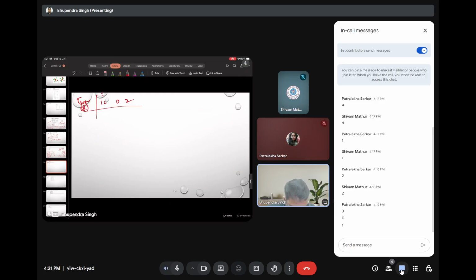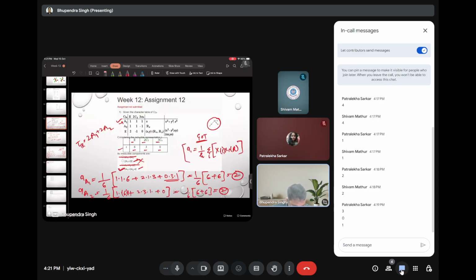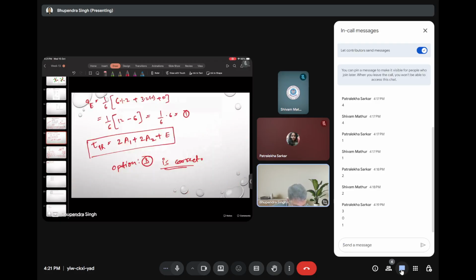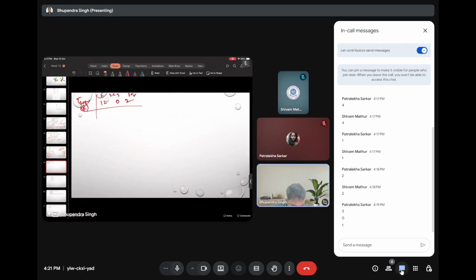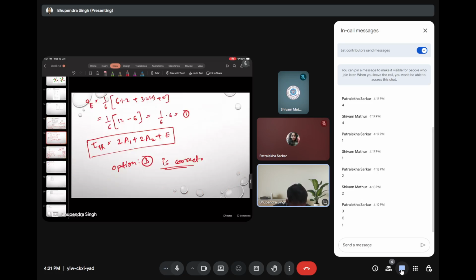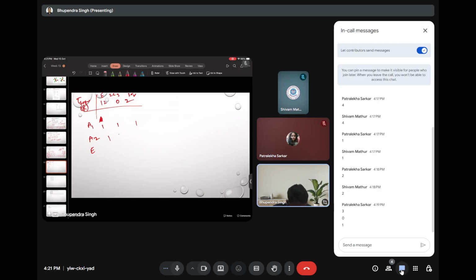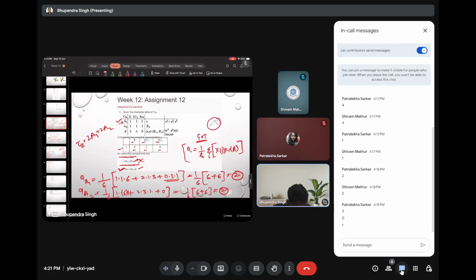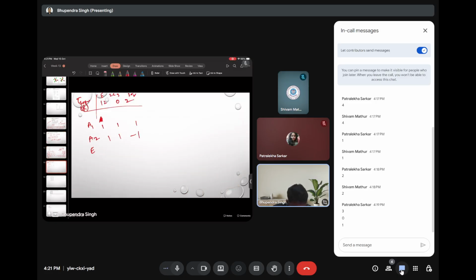These are for E, 2C3, 3 sigma v's. The character table: A1 is 1 1 1, A2 is 1 1 minus 1, and E is 2 minus 1 0.